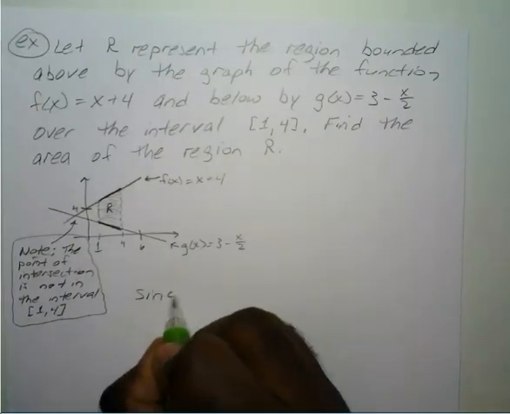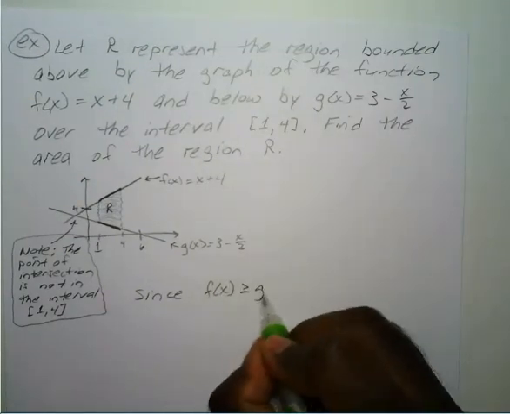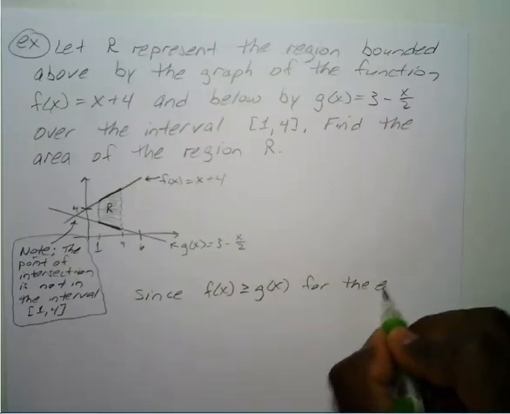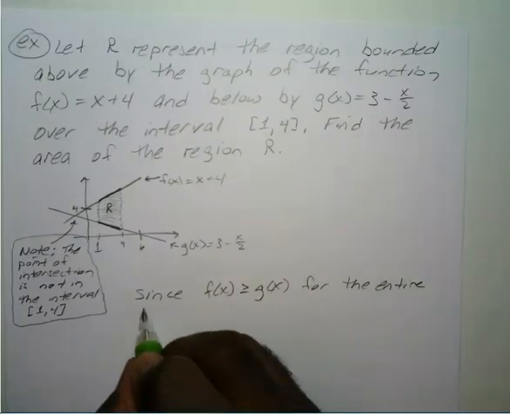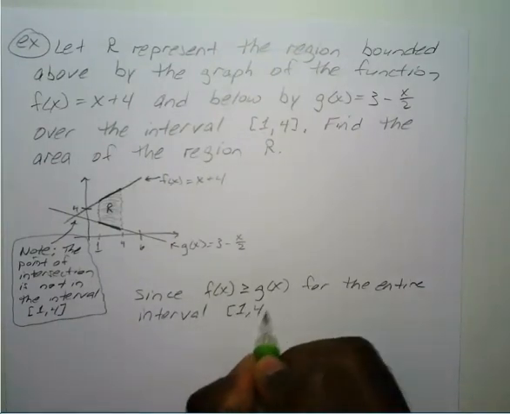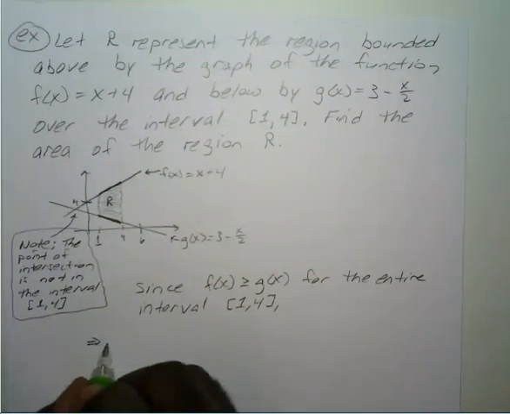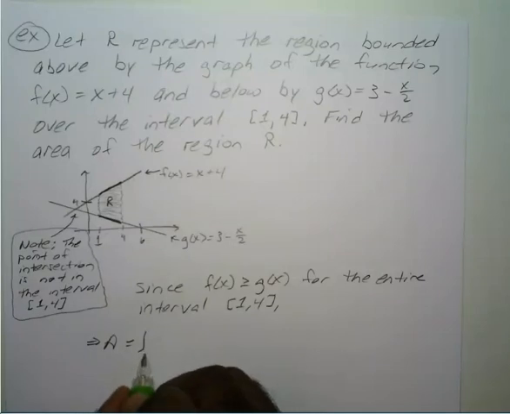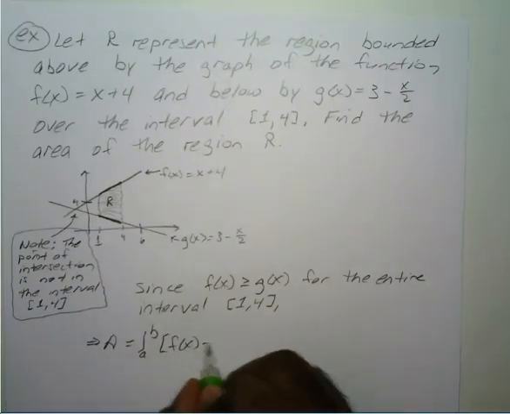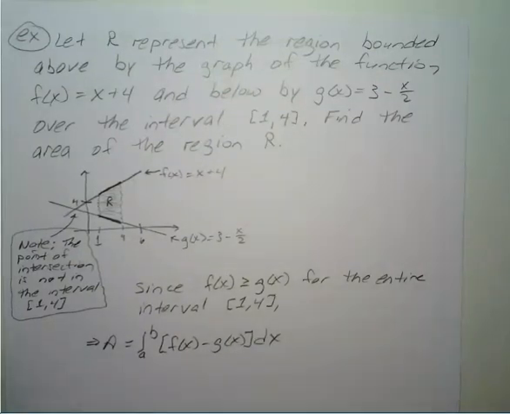So since f of x is greater than or equal to g of x for the entire interval from 1 to 4, we're going to use the formula A equals the integral from a to b. Since f of x is larger, we go f of x minus g of x with respect to x.